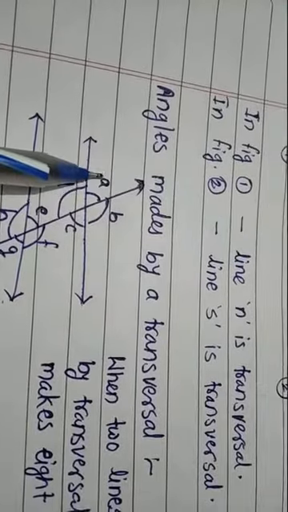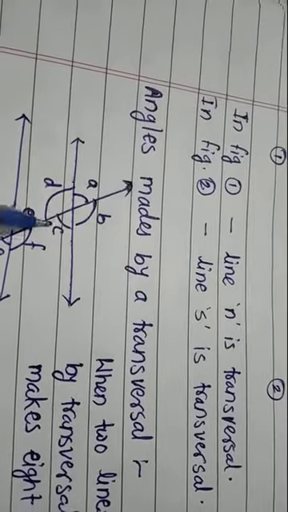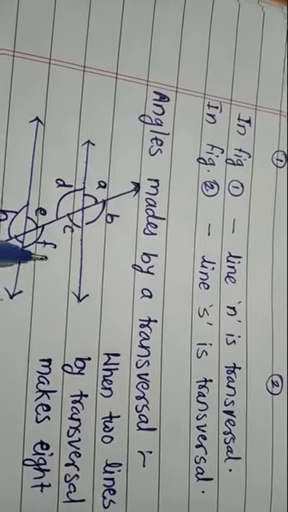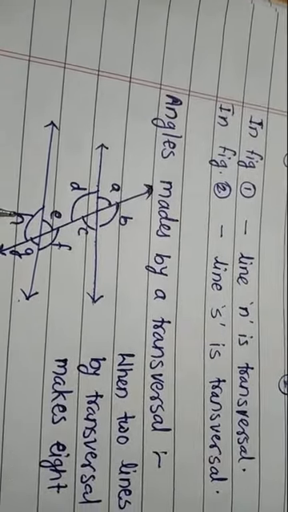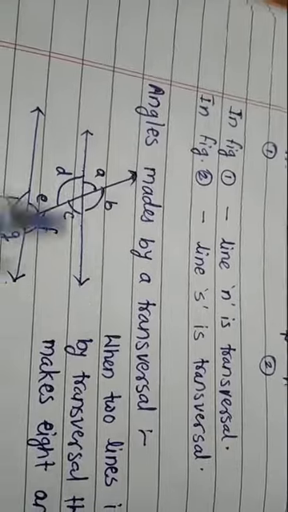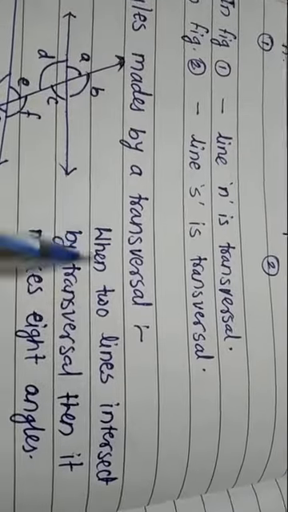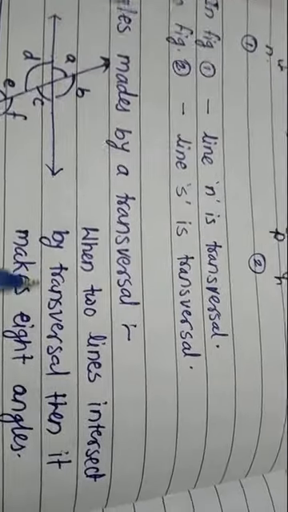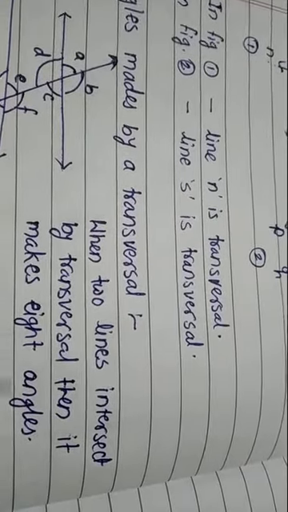If you will see, I have given the names A, B, C, D, E, F, G, H. So here we got a total of 8 angles formed. So my sentence is, when two lines are intersected by a transversal, it makes 8 angles.